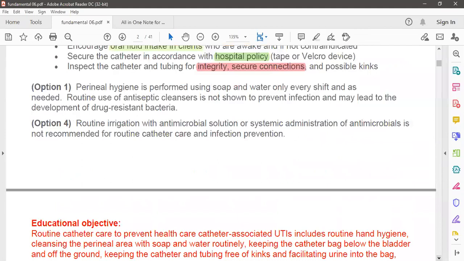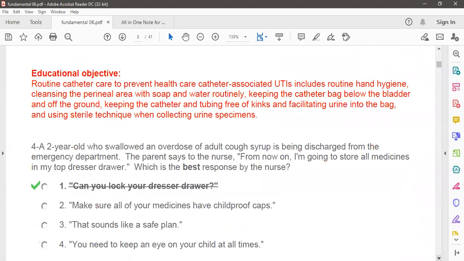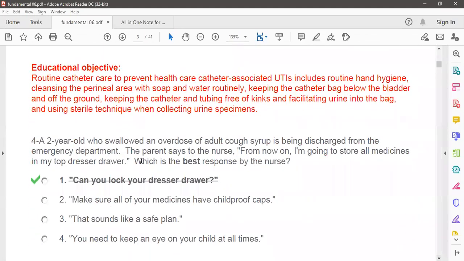What are the education objectives about the catheter?